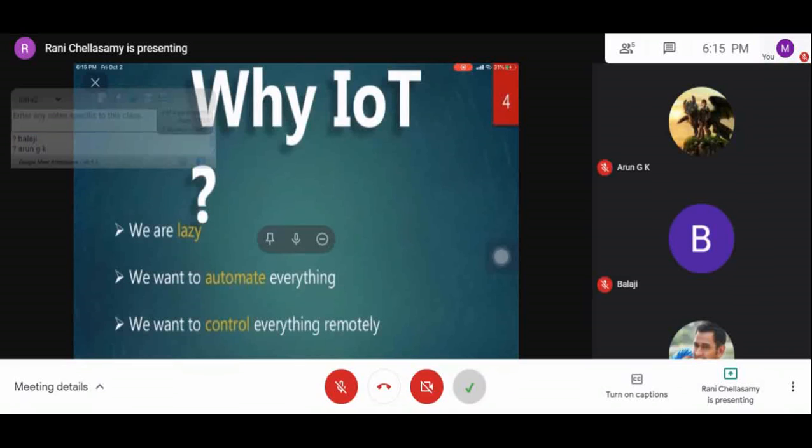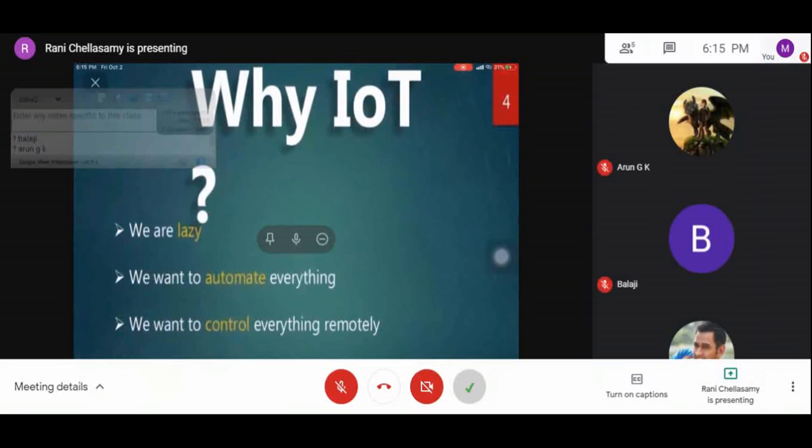When we want to automate everything, we can go for IoT. If you want to control the working of any device, everything can be done remotely. And if you want to see the data in real time, for all these reasons, we need IoT applications.